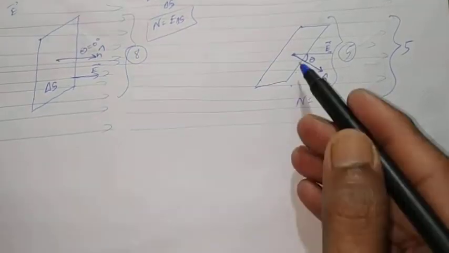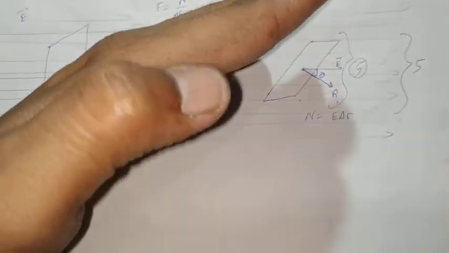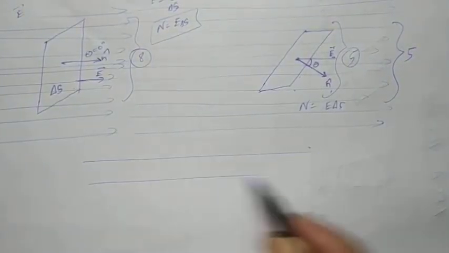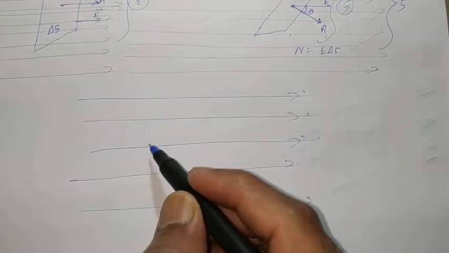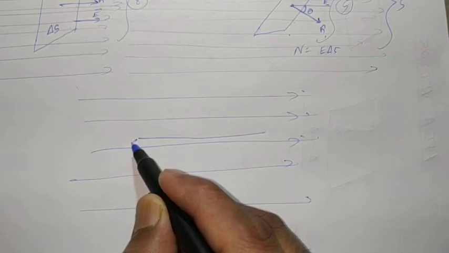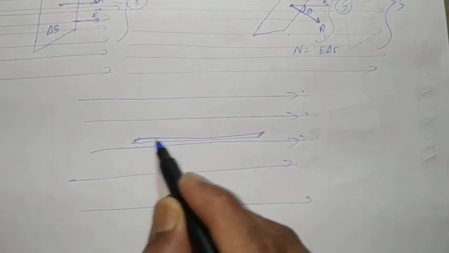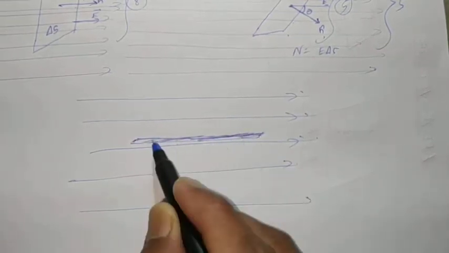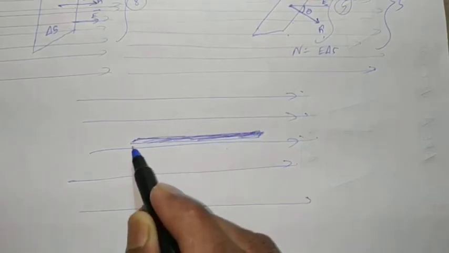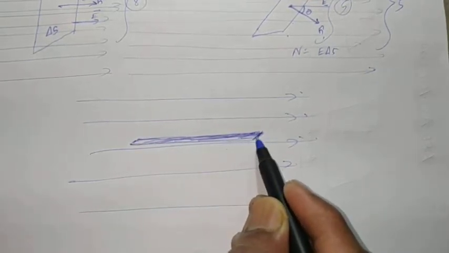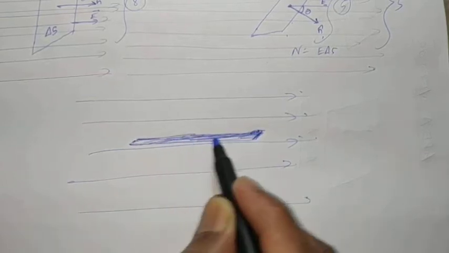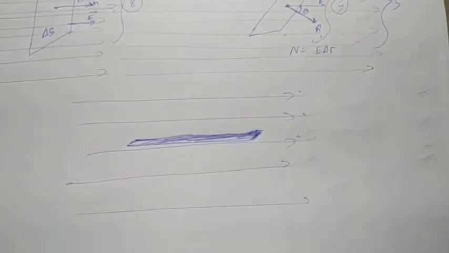Now if I tilt this area so much that it becomes parallel to the field, these are field lines, and now I am putting my surface area like this. This is our surface area. It is exactly parallel to the field lines. How many field lines are passing through this when it is exactly parallel?